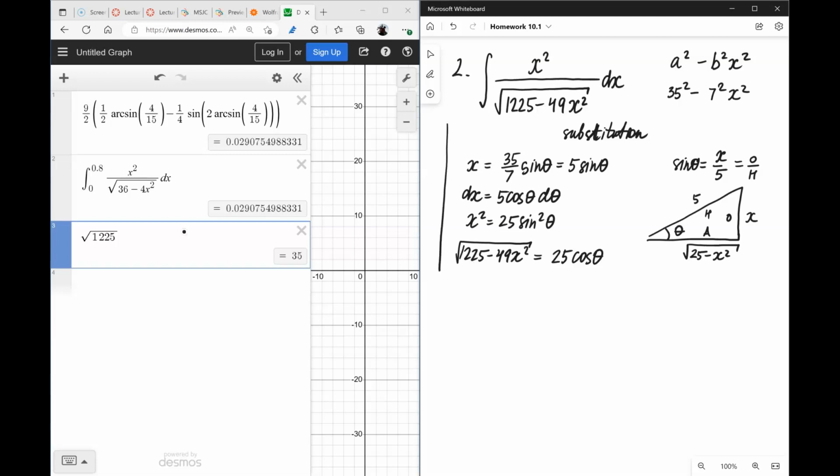And after all this prep, now we're ready to do the integral.